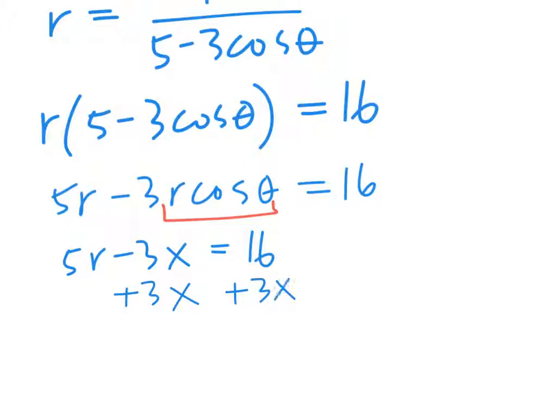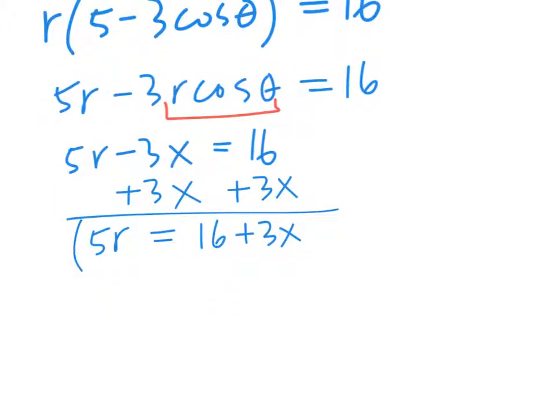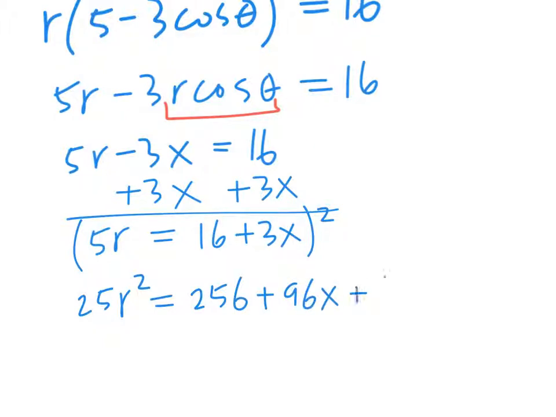if we want to square it, we should try to at least get it into a nicer form, I guess. Square it. 25r squared equals 16 squared. 16 squared is 256. Oh, that's true. 256 plus 2 times 16 times 3 is 96, plus 9x squared.